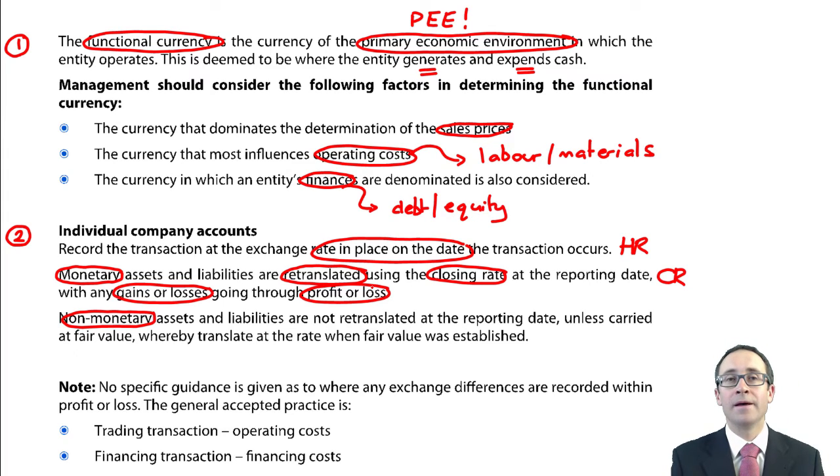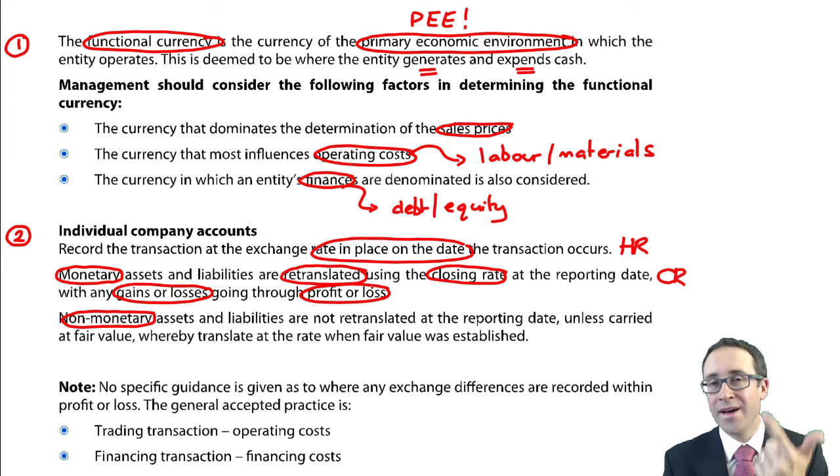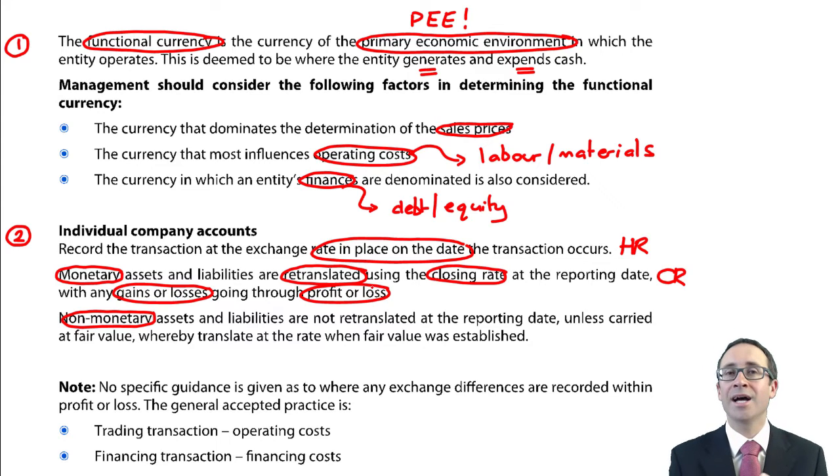Okay, then we need to think about your non-monetary items. Non-monetary items are items that are not readily convertible for cash. So the prime examples that you have are property, plant and equipment, investments, intangibles, inventory. They're all non-monetary. They're not readily convertible into cash.